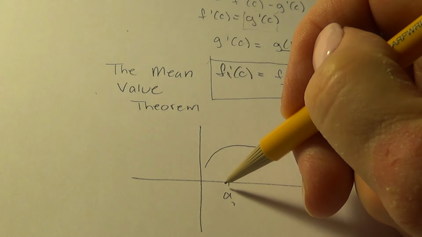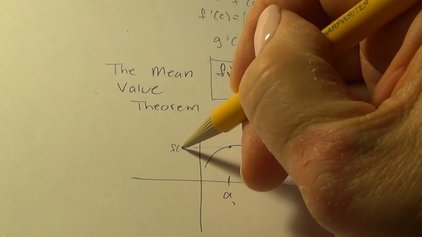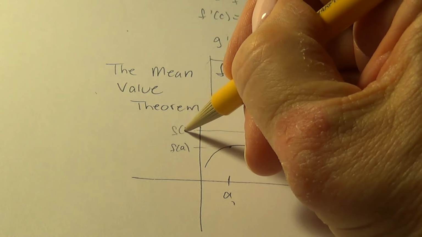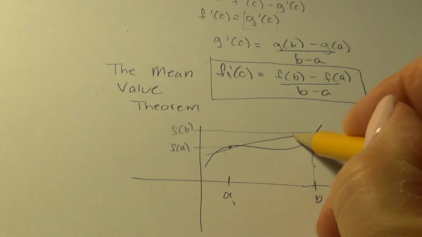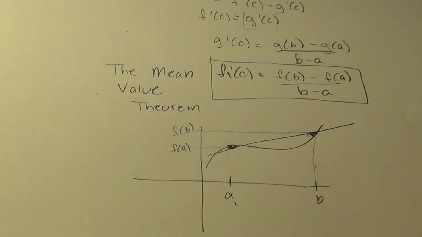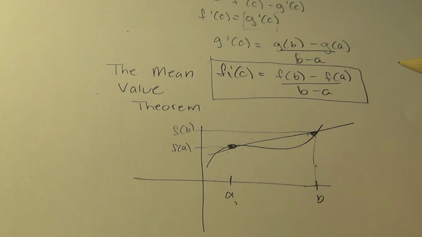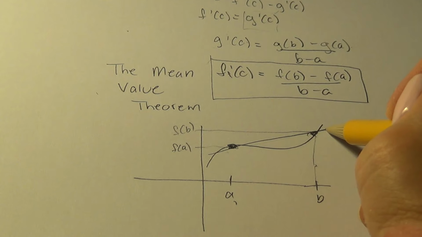So now I want to look at where this function hits the graph, so that is my f of a, and where this b hits the graph, and that's my f of b. I'm going to draw a line between those 2 points. All right, and what I've drawn here, if I could find the average rate of change of the function between 2 points A and B, the slope of this line would be it.